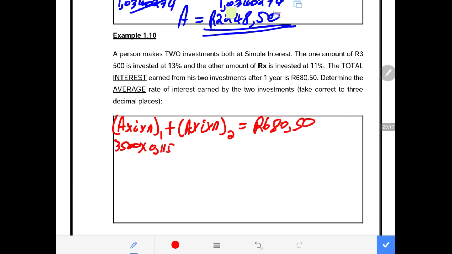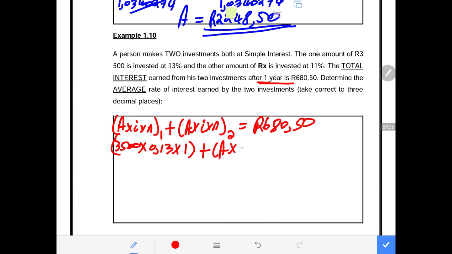the interest 0.13, times by how long? 1, because this is interest only after year 1, just at the end of year 1, plus the amount invested, which we don't know.